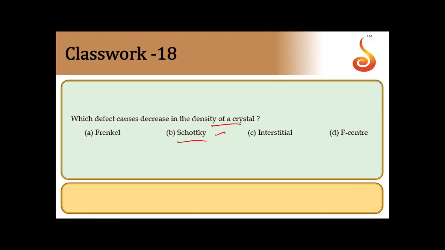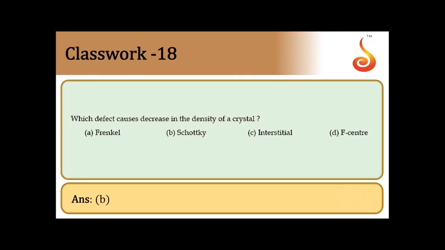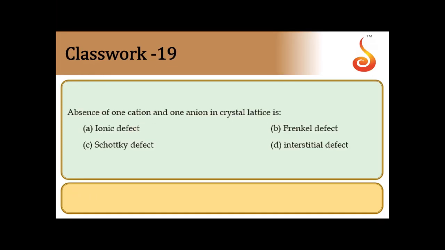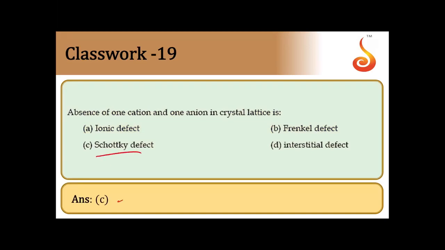Answer is option B. Then, absence of one cation and one anion in the crystal, again a pair is missing. Again the same answer, Schottky type of defect. So the answer is option C.